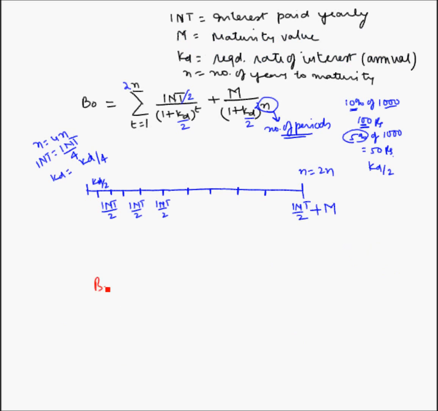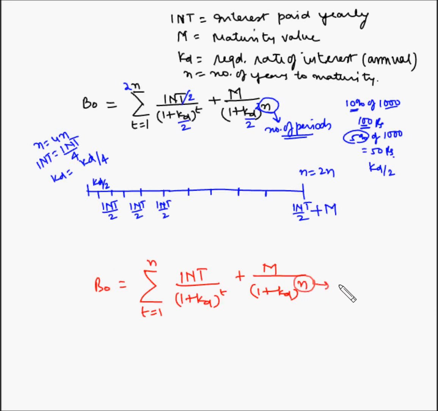So the formula for annual payments was sigma T equals 1 to N, INT divided by (1 plus KD) to the power T, plus M divided by (1 plus KD) to the power N. If we consider N as the number of periods and then convert all the remaining things as per the definition of the period, say for a quarterly interest paying bond, a period will be defined as 3 months.